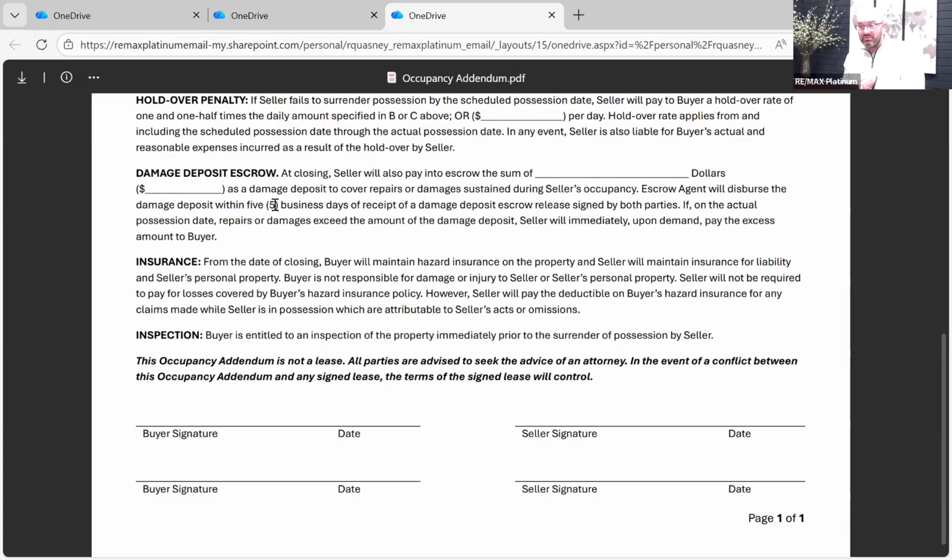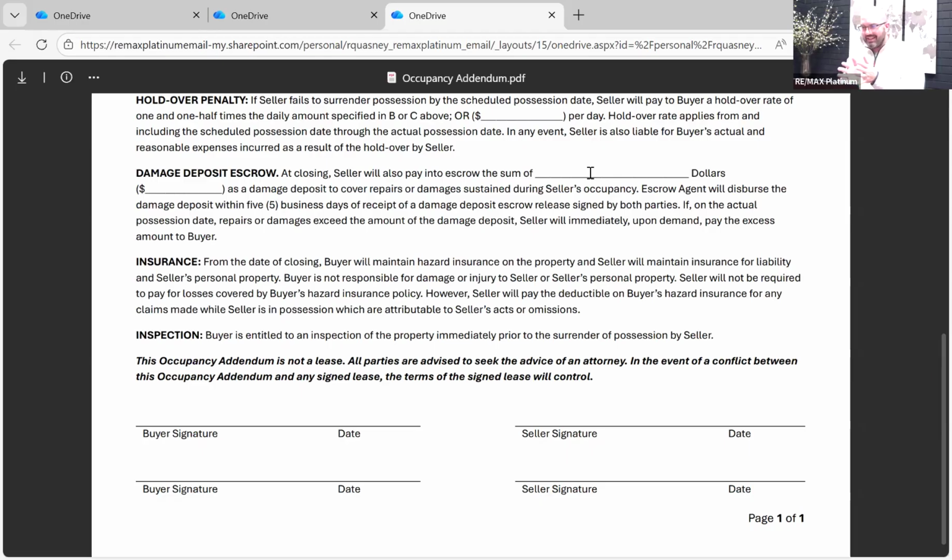But if they don't at that point and they sign and they accept the condition as is at the closing, then okay, we have this damage deposit and all that stuff, but that is only for damages and repairs sustained during the occupancy period, not for anything that was before they signed on at the closing.